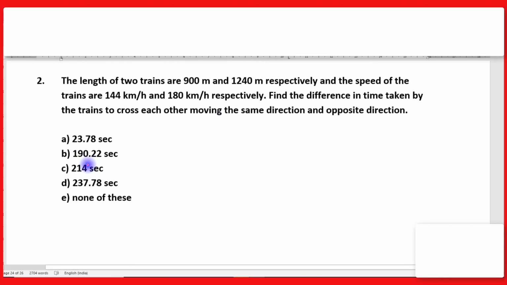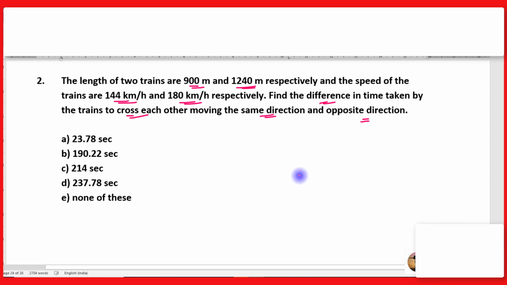The lengths of the two trains are 900 meter and 1240 meter respectively, and the speeds of the trains are 144 km per hour and 180 km per hour respectively. Find the difference between the time taken by the trains to cross each other moving in the same direction or in the opposite direction.